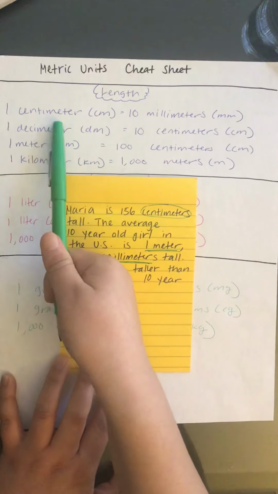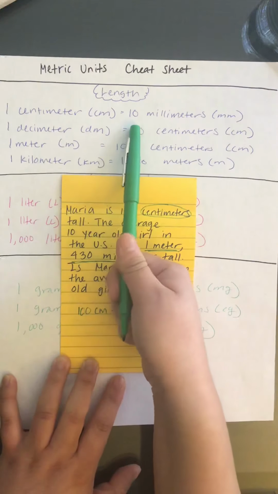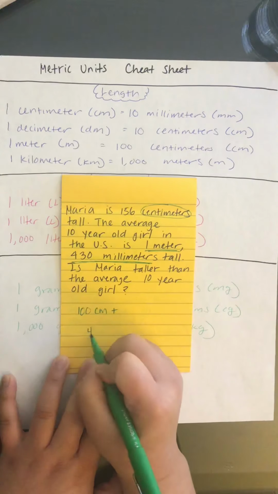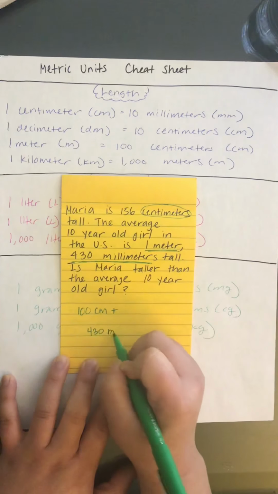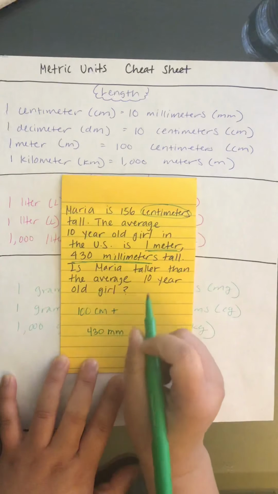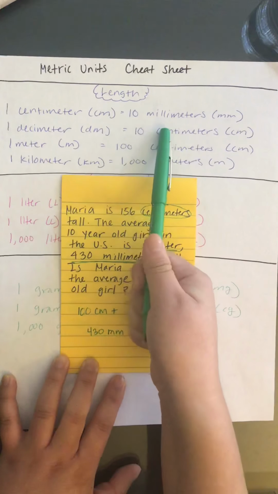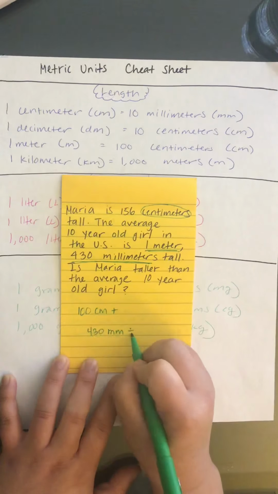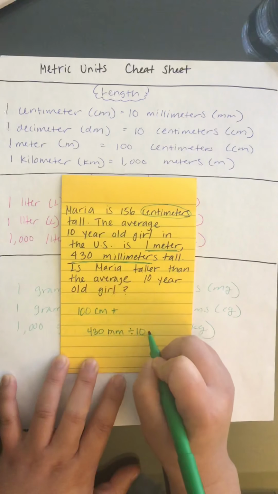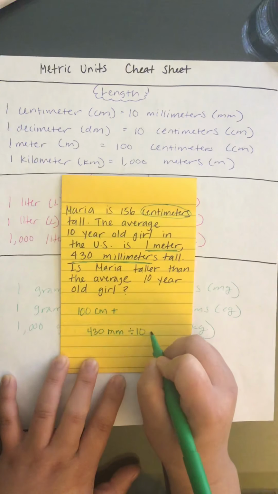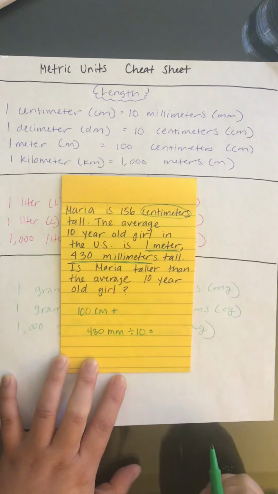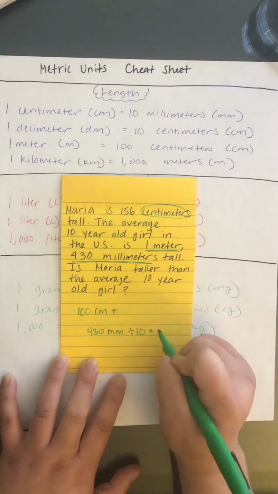I know that 1 centimeter equals 10 millimeters. So if I have 430 millimeters, and I know that 10 millimeters equals 1 centimeter, I'm going to have to divide by 10, right? And then when I divide that, you should be able to just get 43.